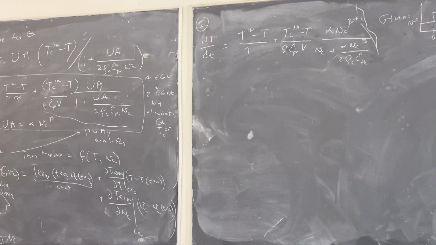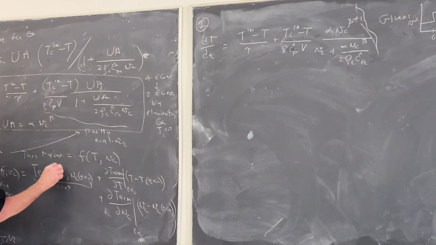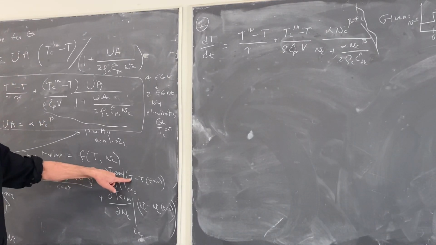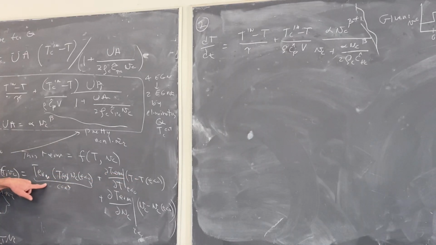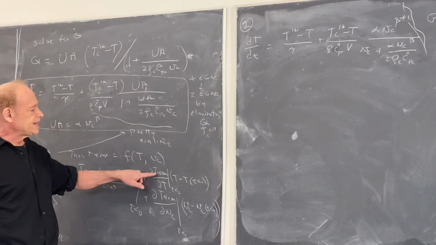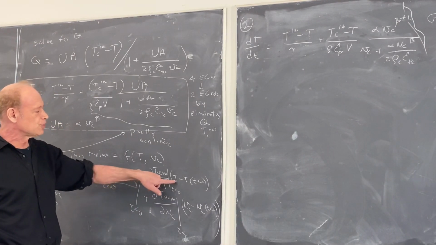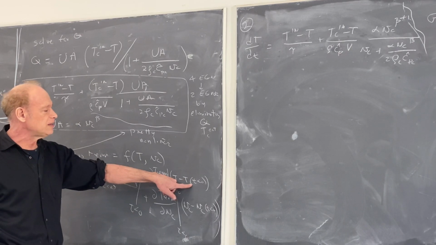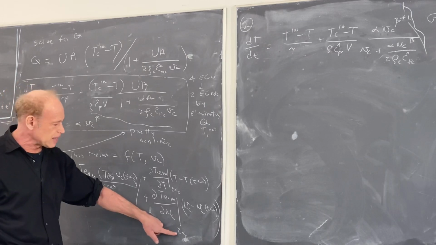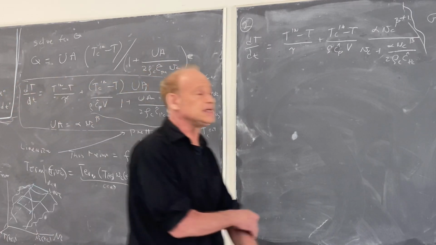So I have to take this term, which is a function of T, capital T, and Vc, and take the derivative with respect to temperature, take its value for t less than 0, take its derivative with respect to temperature times T minus the initial value, plus the derivative with respect to Vc evaluated at t less than 0 times Vc minus Vc at t less than 0.